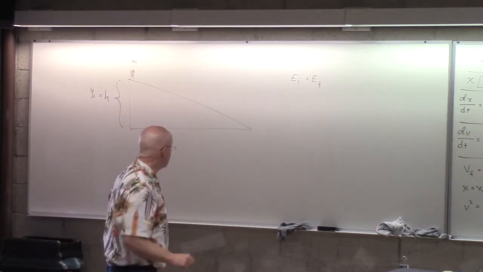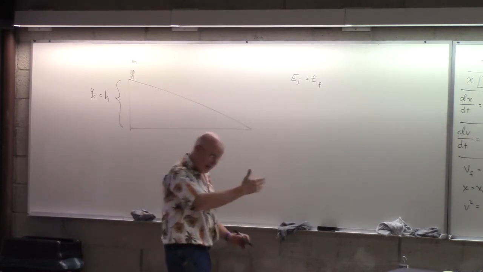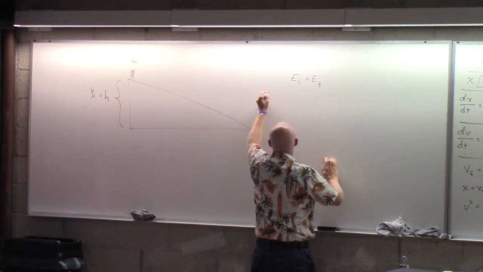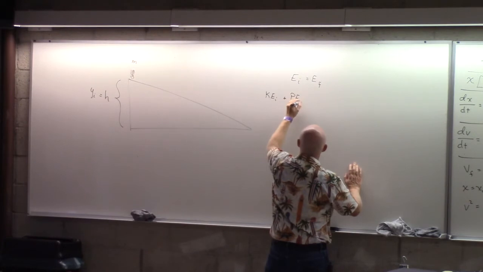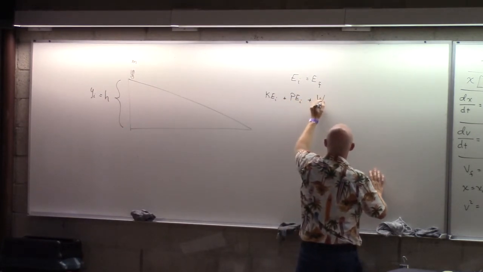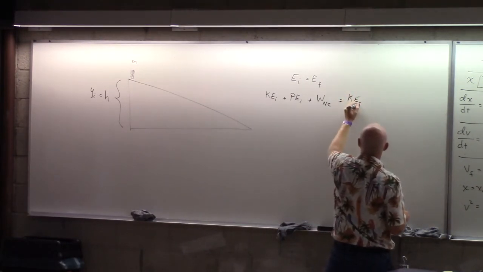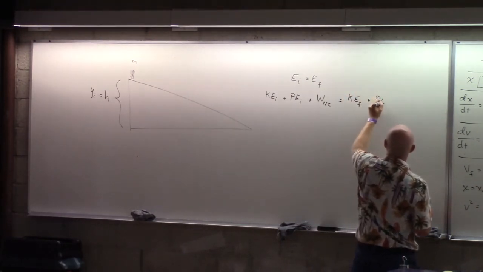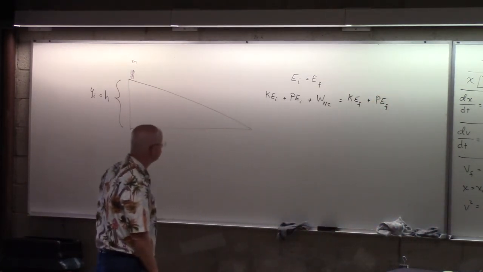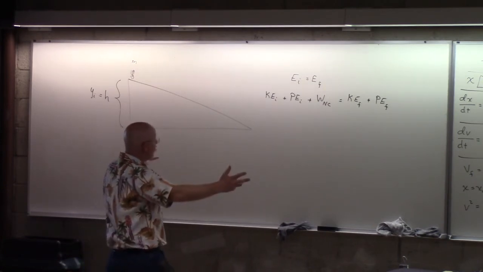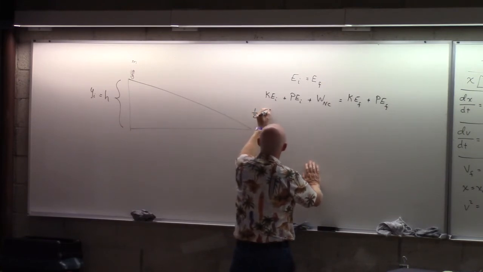But we did the principle of conservation of energy. And if you remember doing that chapter, we did something like this. We said the initial kinetic energy plus the initial potential energies plus the work done by the non-conservative force goes into the final kinetic energy or the final potential energy. And when we spread this out, kinetic energy would be 1/2 mv initial squared.